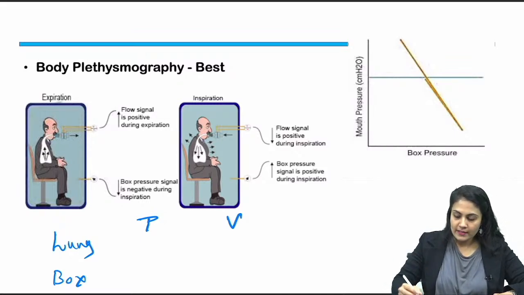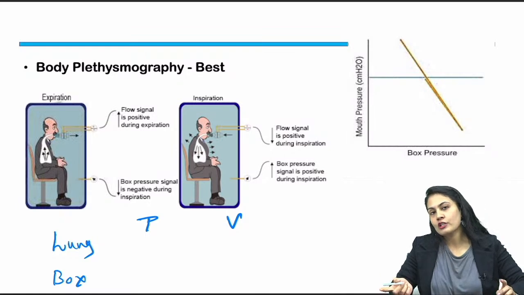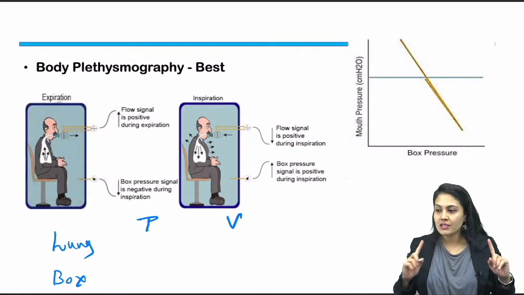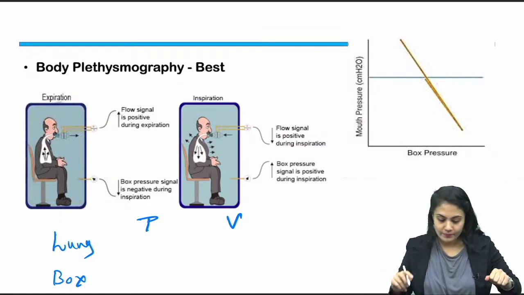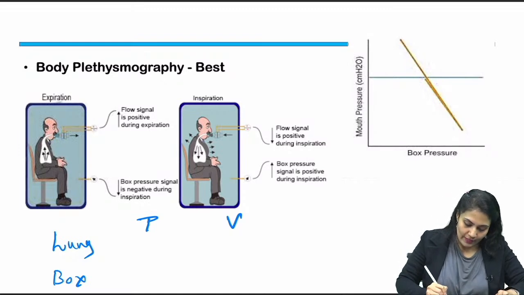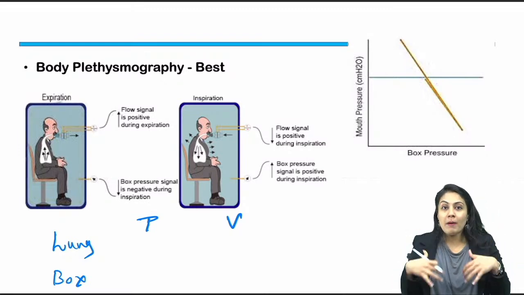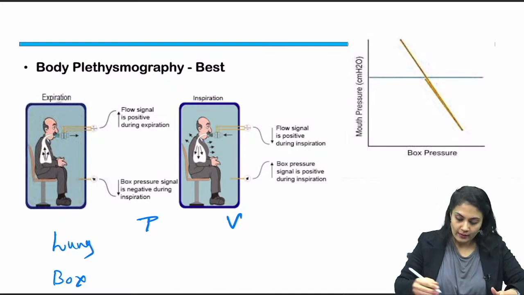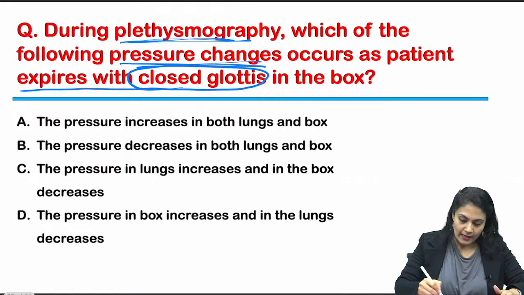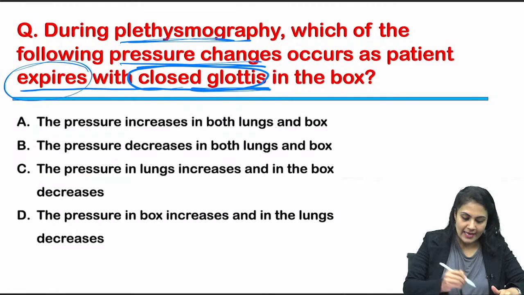First, we know Boyle's law. According to Boyle's law, pressure and volume are inversely proportional to each other, isn't it? Now, what they have asked us is that the glottis is closed but he is expiring.